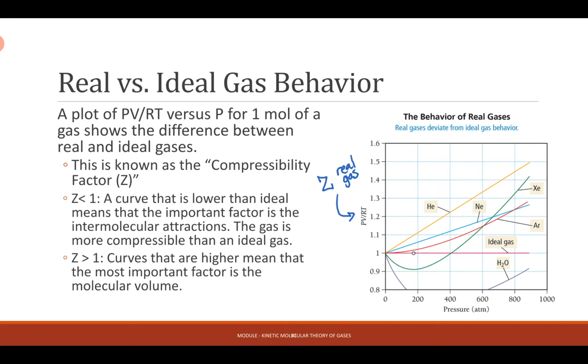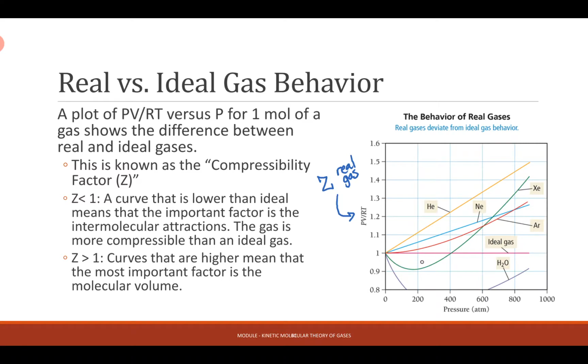If they are identical, then we end with a compressibility factor of 1, which is the ideal gas here. And so ideal gases have a compressibility factor of 1. But you can see that there are some deviations from ideal. Like there's a dip here for xenon gas at low pressures.